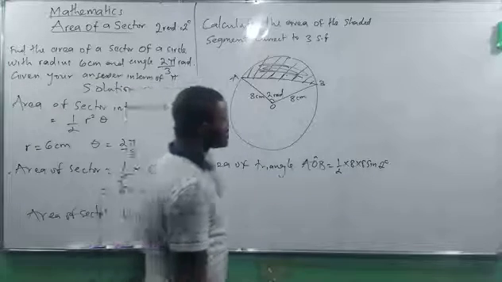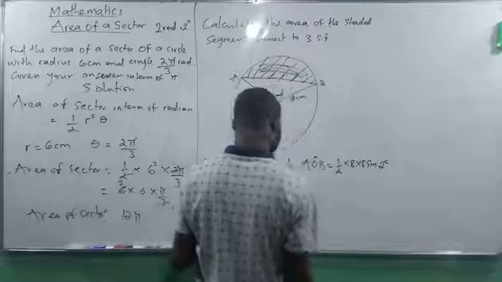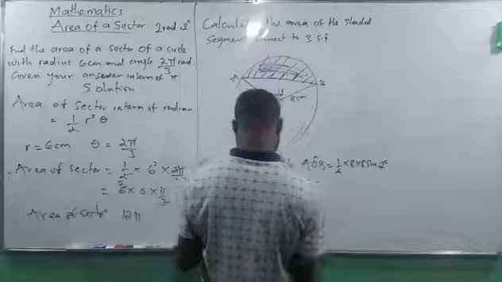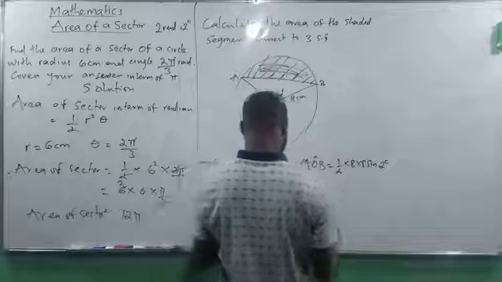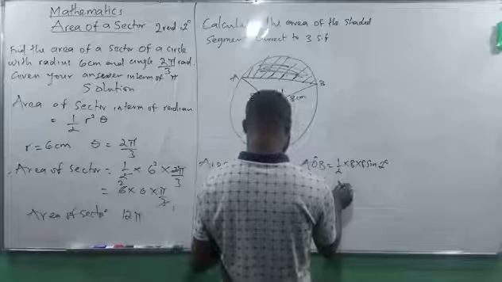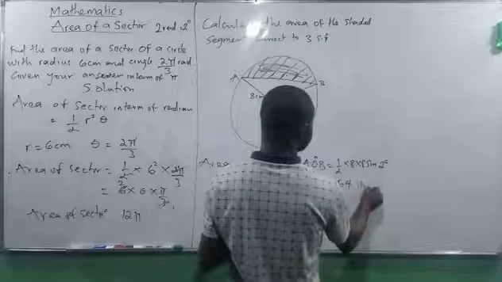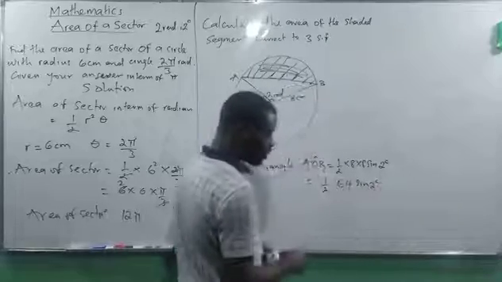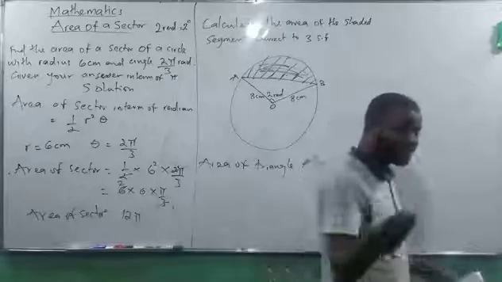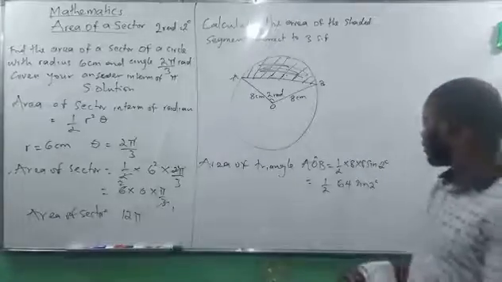Now at this junction, I can say that okay, that is what is given to us. Now permit me to move on by saying that this will give us 1 all over 2 times 8 times 8, we have 64, and sine 2 rad. Now you pick up your calculator and you will see the rad value there. If you have problem with that, you can private chat me for better understanding.